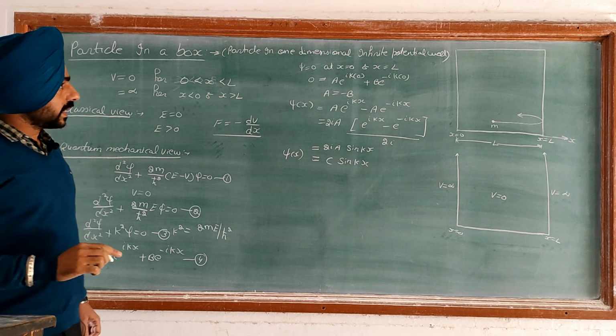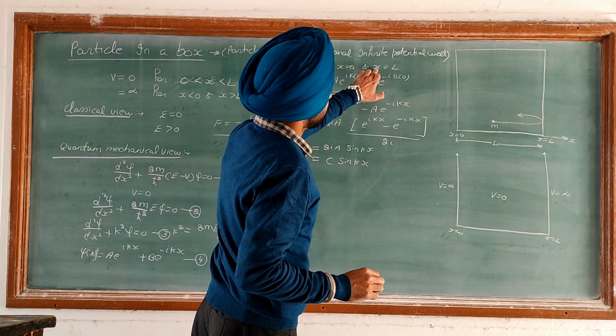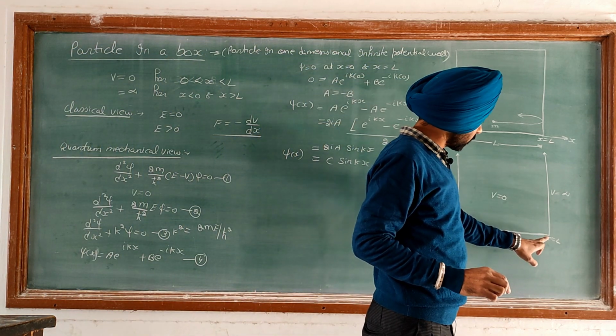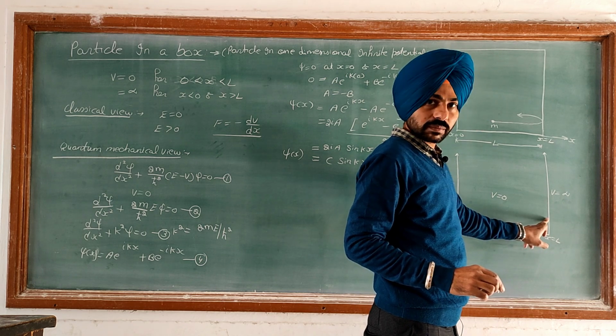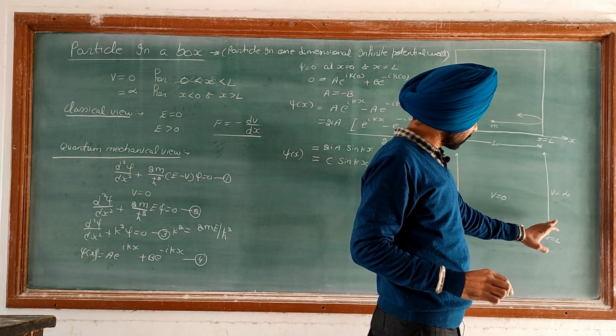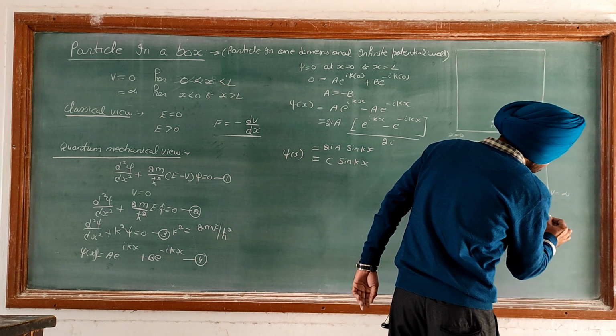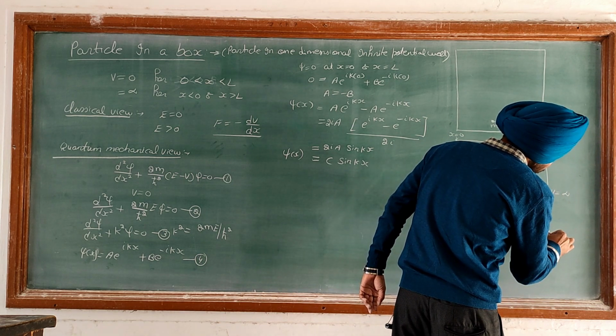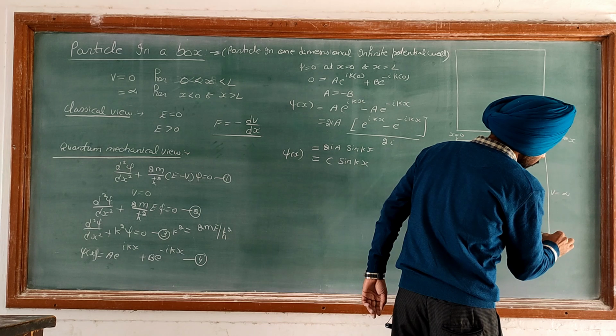Now at x equal to L, psi is again 0, because the particle cannot penetrate the wall, the particle cannot leave. At x equal to infinity, the wave function psi is equal to 0.